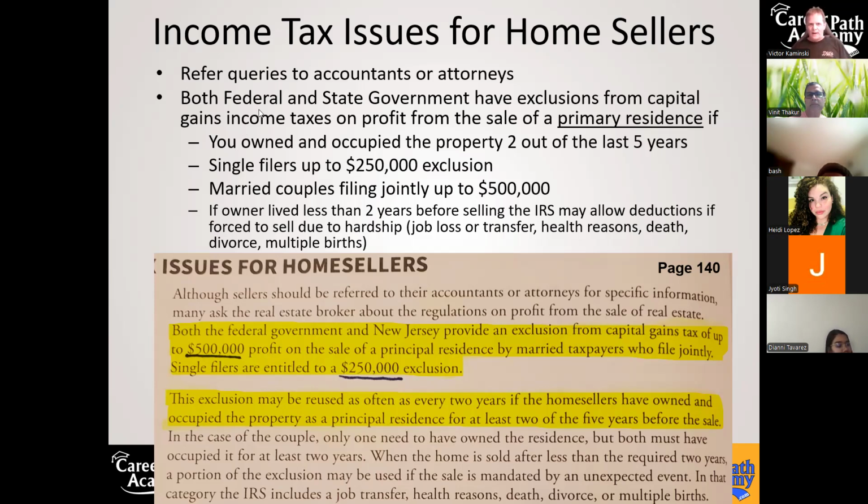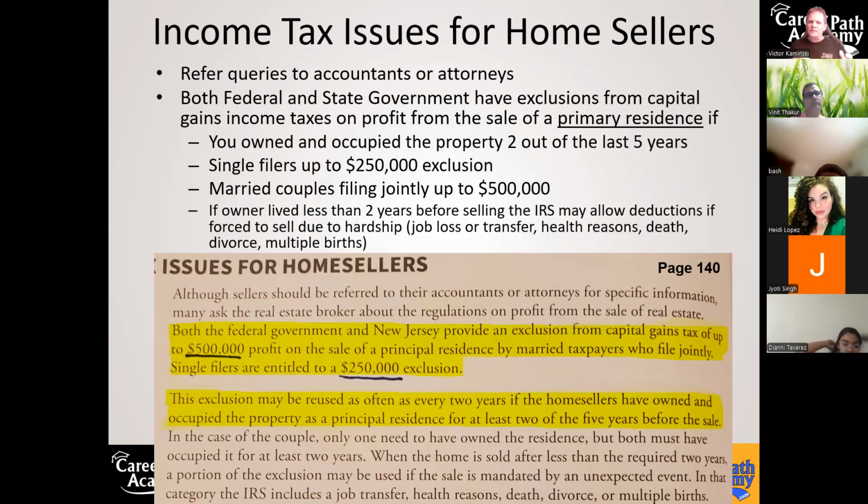But both the federal and state government have capital gains tax exclusions from the profit of the sale of your primary residence. If you own that property for 2 out of the last 5 years before you sell it, single tax filers can get a $250,000 capital gains tax exclusion, on profit of up to $250,000 on the sale of your primary residence.